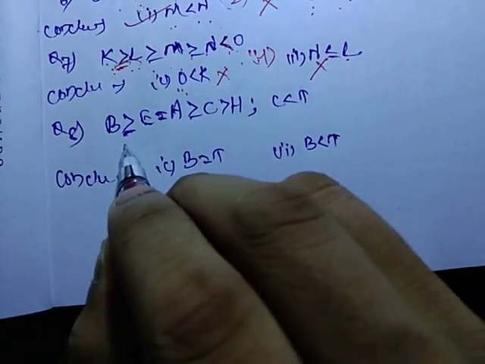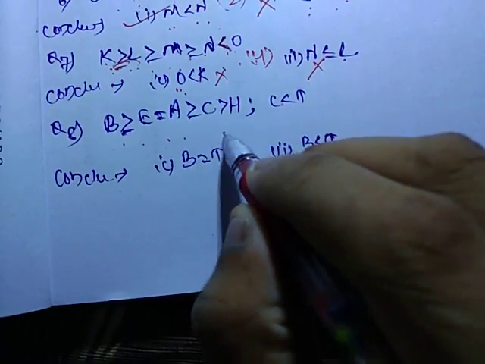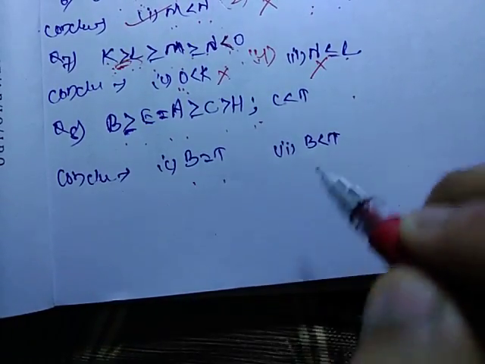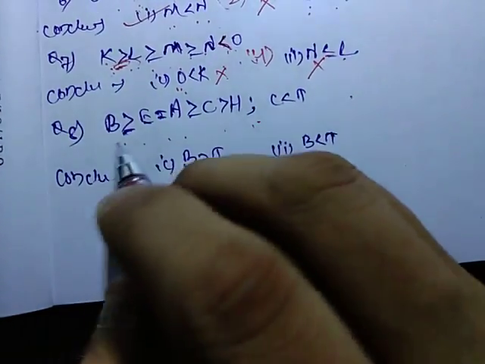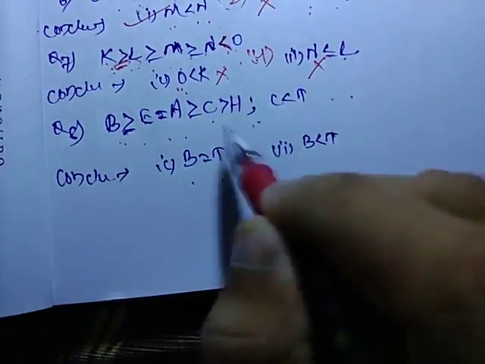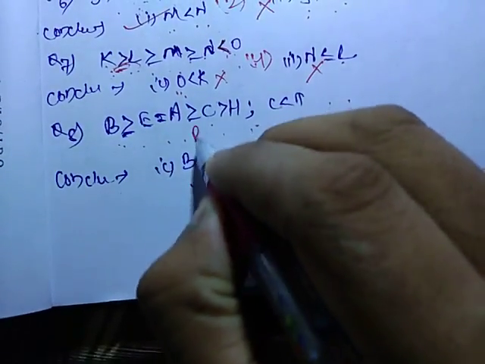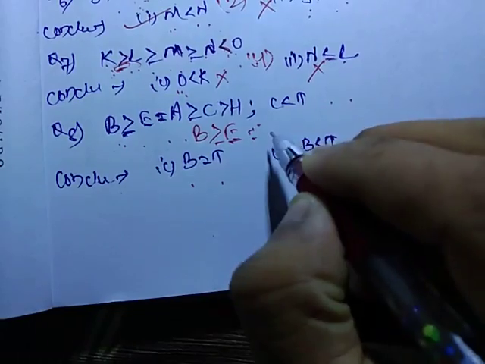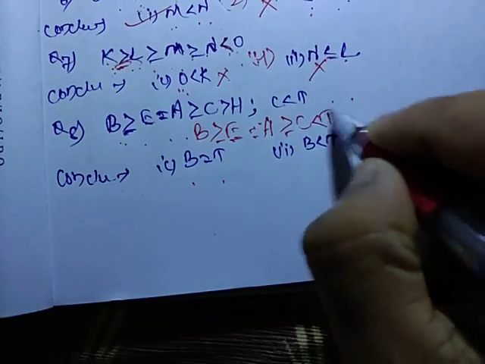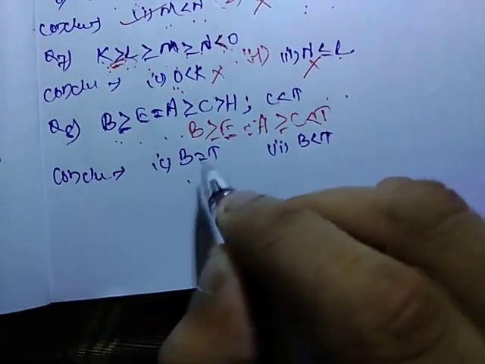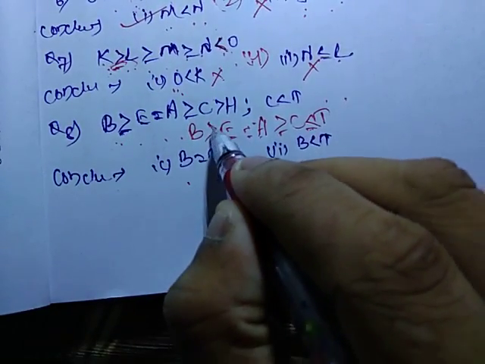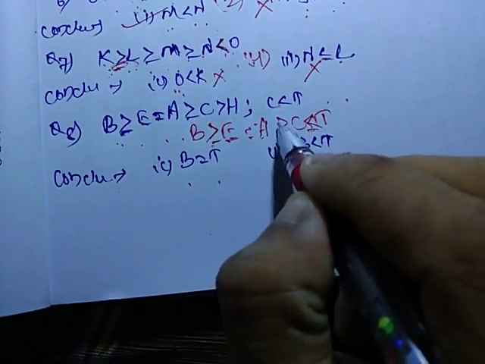Last question: b is greater than or equal to e, equals a, is greater than or equal to c, greater than h, semicolon, c is less than t. So we have to determine whether b equals t, or b is less than t, is true or false. From this statement, we have to obtain the relation between b and t by putting c is less than t. By putting c is less than t, we get b is greater than or equal to e equals a is greater than or equal to c is less than t. Here there are only equal signs missing, as well as two opposite signs present in this.